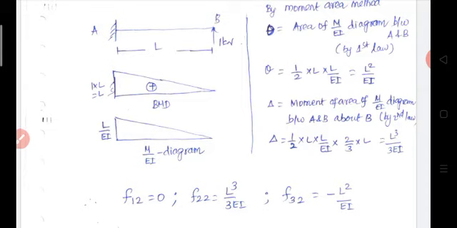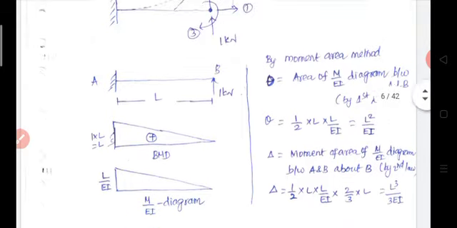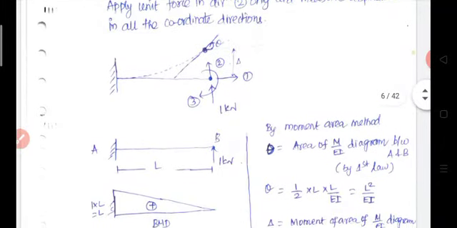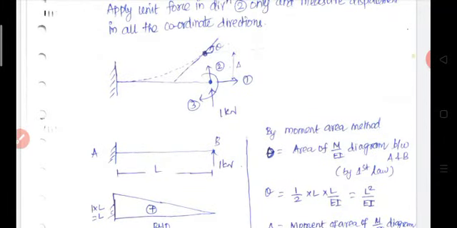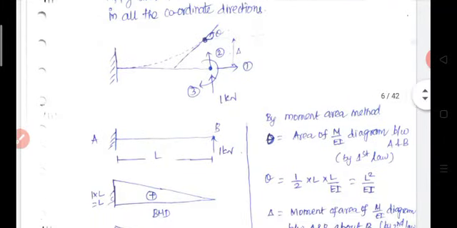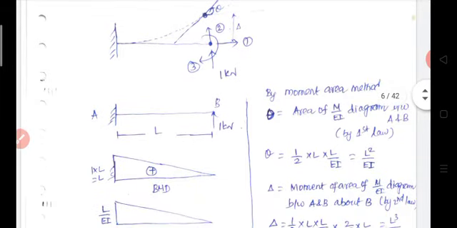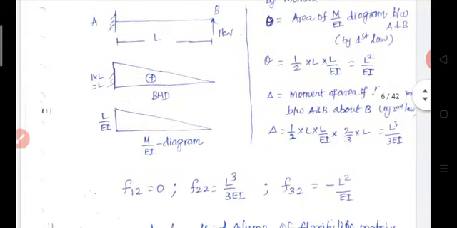F22 means the displacement in the direction of 2 due to unit force in the direction of 2. Our coordinate direction 2 is upward, and the displacement is also upward, so it is taken as positive, equal to L cube by 3EI.